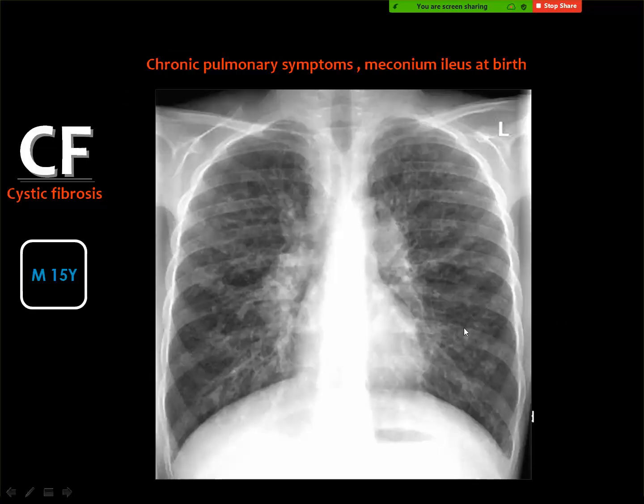Sometimes in the chest X-ray, you are not able to reach the diagnosis. But all you can say for this chest X-ray is that you are dealing with what looks like a diffuse lung disease, and this lung disease is in the form of interstitial pulmonary opacities.